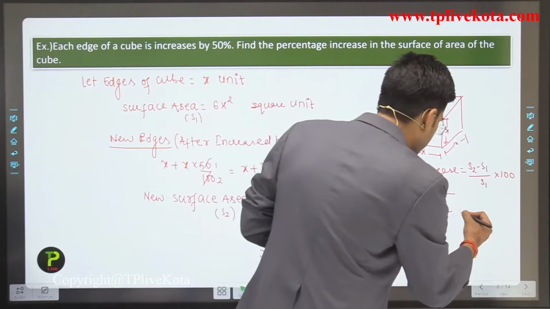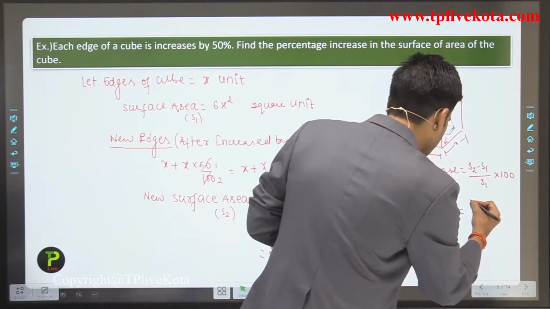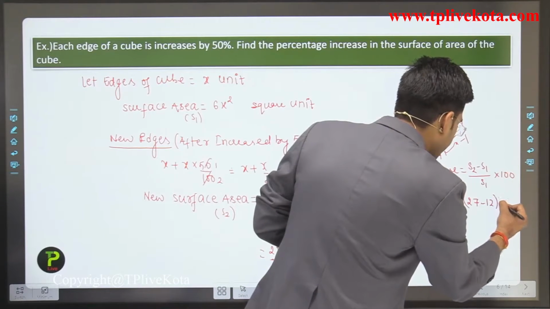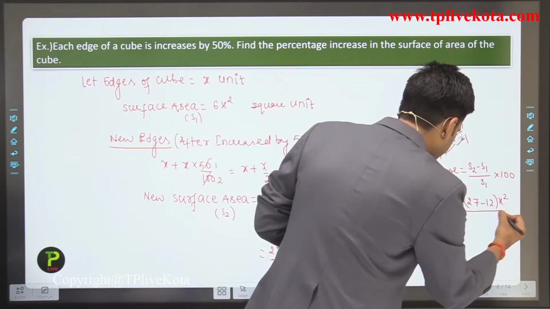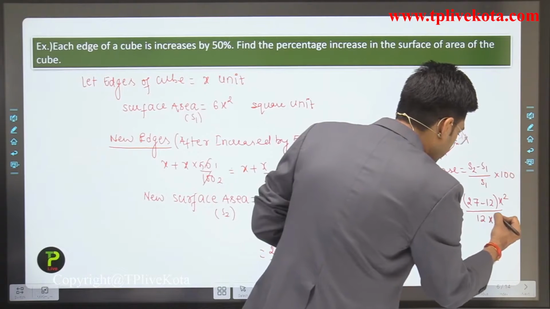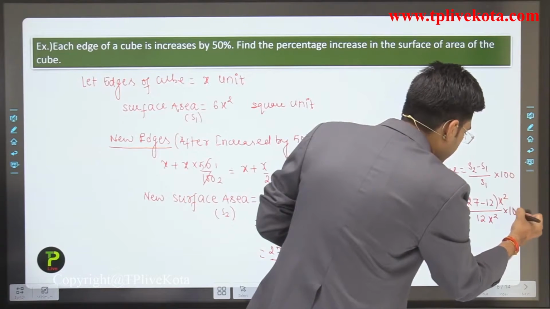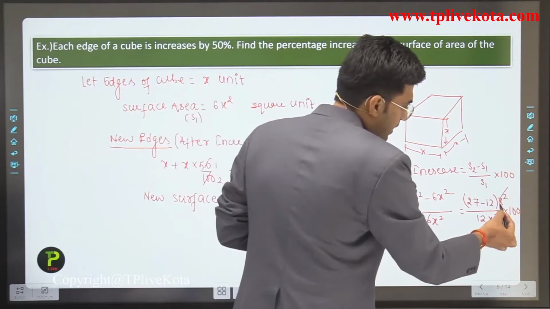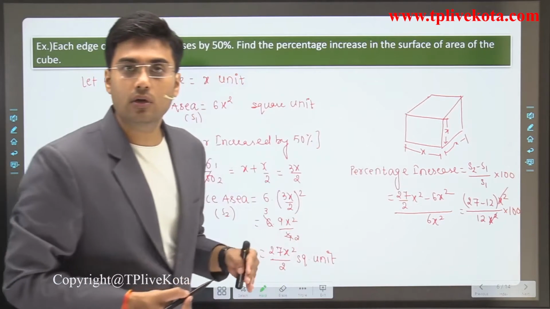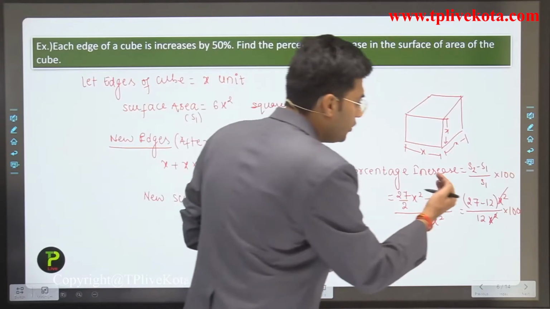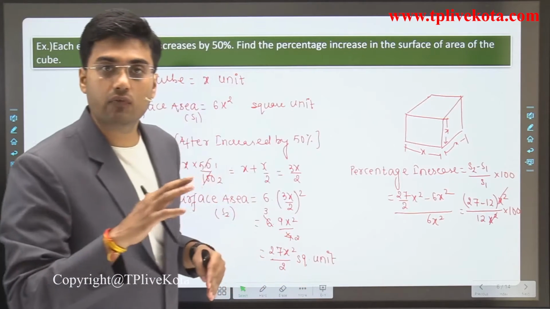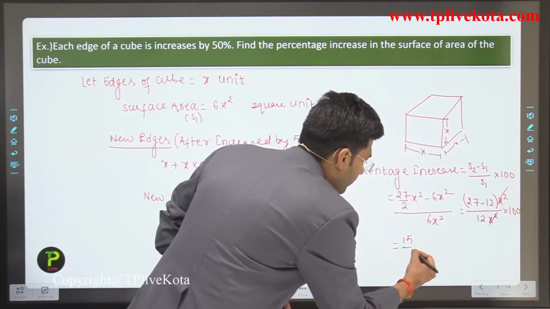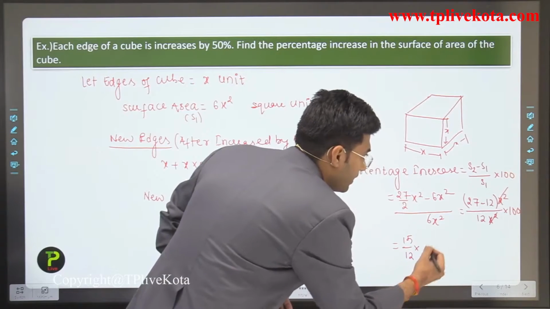It is equal to 27 minus 12, and we can take x square common, divided by 12x square multiply by 100. Clear? Now this x square and x square is cancelled out, so what will we get here? 27 minus 12 is equal to 15. So it is equal to 15 divided by 12 multiply by 100.